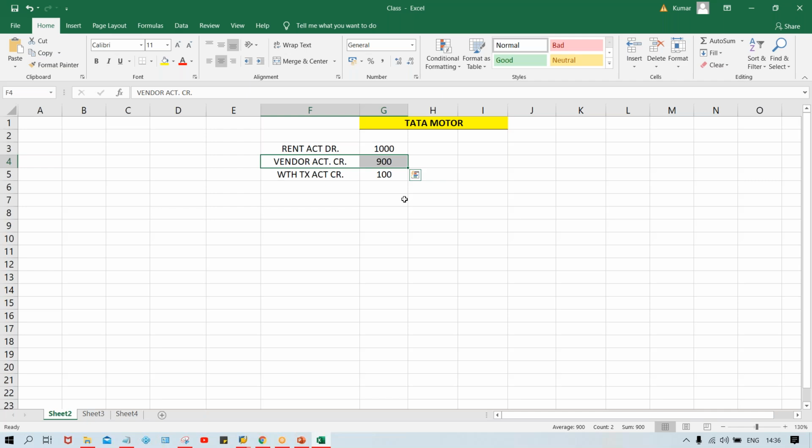For that, the company, say Tata Motors, will make the payment and post a normal JV, noting this is the tax we have paid. The vendor has sent an invoice worth 1000 rupees, but the actual payment is going to be made of 900, because 10% TDS, 10% withholding tax, you have to deduct, right?